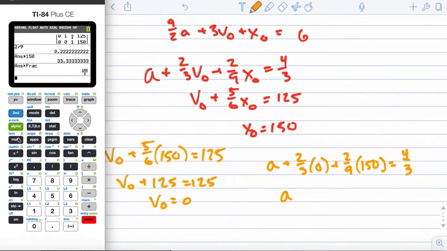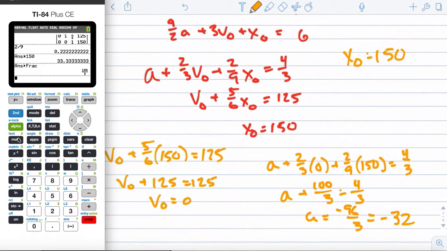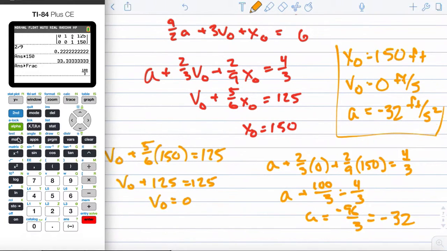So A plus 100 over 3 is equal to 4/3. Subtract it over, you get negative 96 over 3, which is equal to negative 32. And so what do I know? I know my initial placement is equal to 150 feet, my initial velocity is 0 feet per second, and my acceleration is then negative 32 feet per second squared.